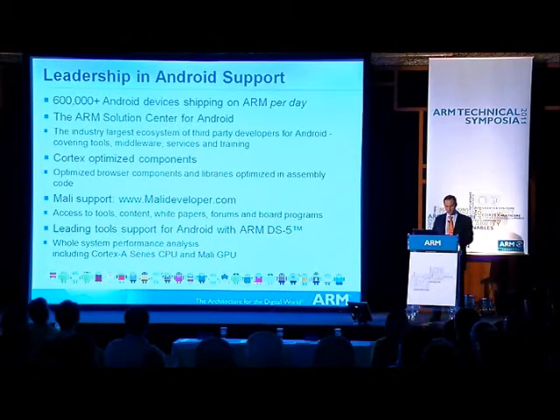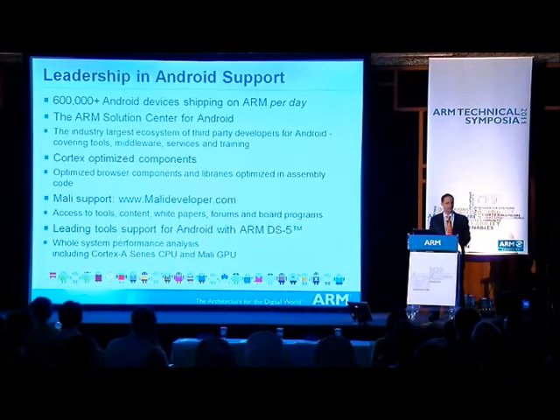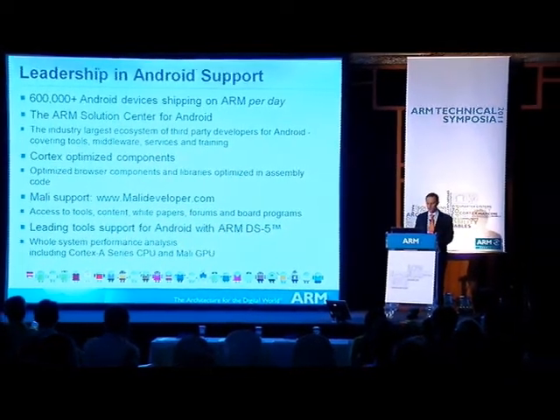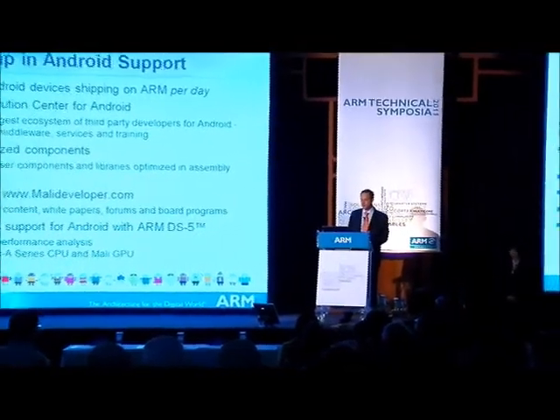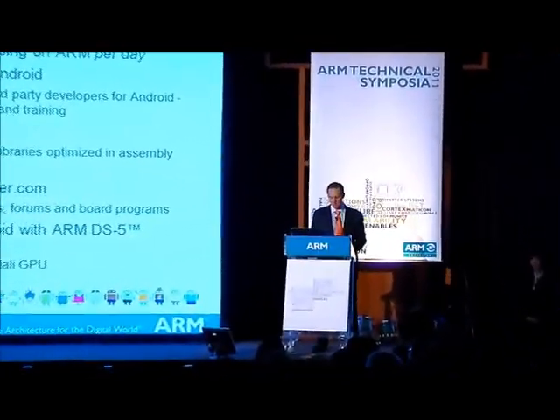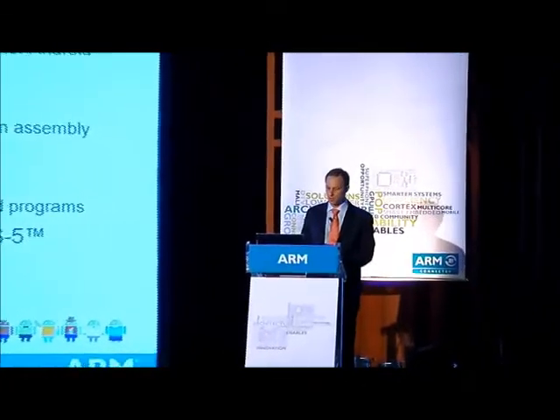Now, Android, you've talked a lot about Android today, has been a key focus in recent years, and we see over 600,000 Android devices shipping on ARM per day. The result, as Mike Rayfield mentioned, was millions and millions of devices based on ARM in the marketplace today and tens of thousands of apps. The ecosystem elements of this continue to grow with first the ARM Solution Center for Android.